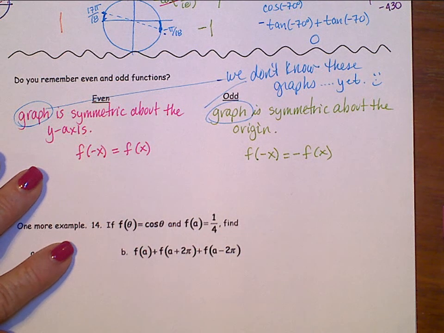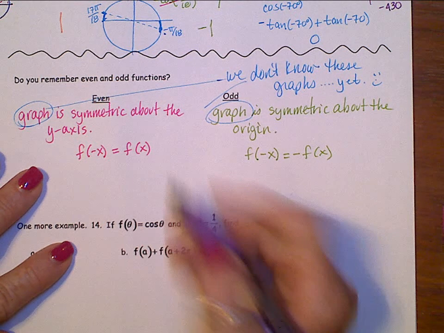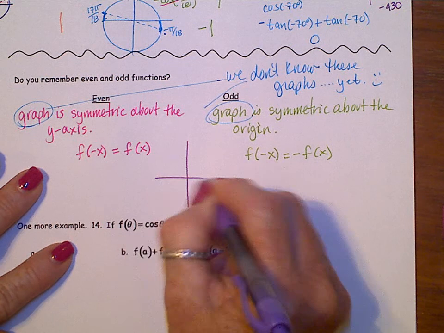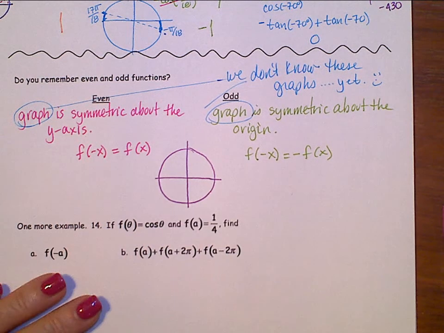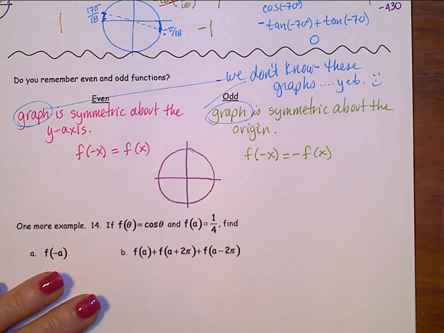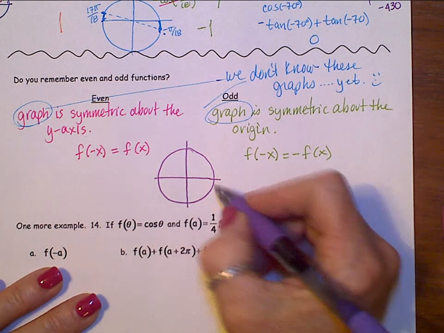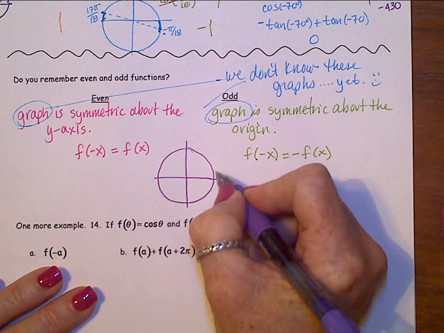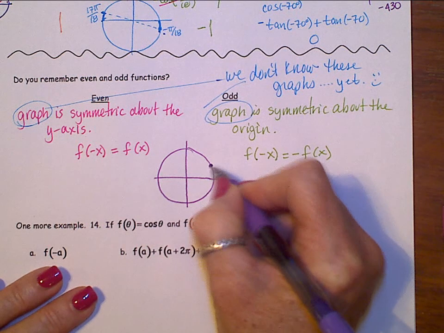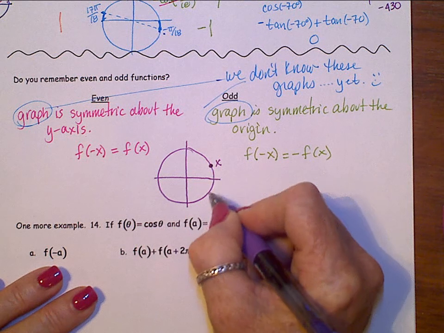So let's look at a circle here and see if we can figure out which functions are even and which ones are odd. All right, so both of these are comparing x and the opposite of x. So let's find an x value here. Then opposite of x is right down here.